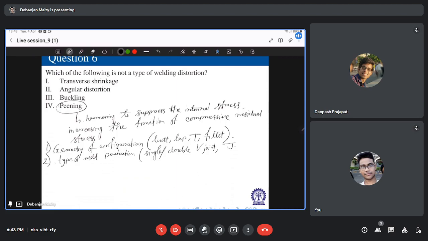There can be J type joint. Let us not go into the depth as such. Then you can have your width or volume of the weld.